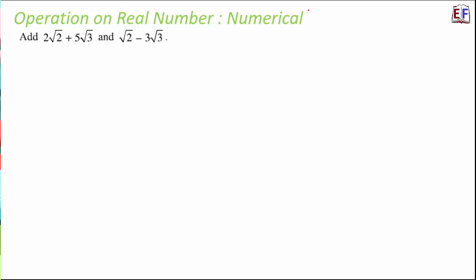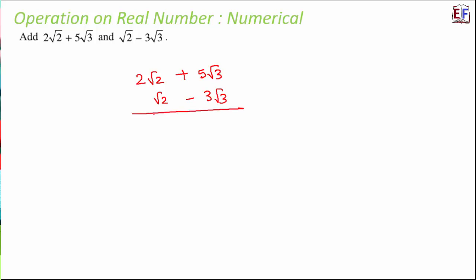Add 2 root 2 plus 5 root 3 and root 2 minus 3 root 3. So how do we do this? Both of these are irrational numbers. This is how we add them: wherever we have similar roots, we put them together. For example, root 2 under root 2, and 3 root 3 under root 3.